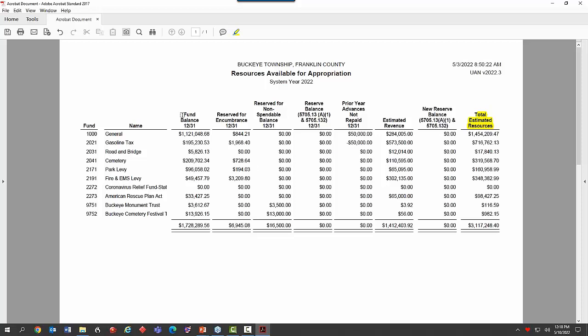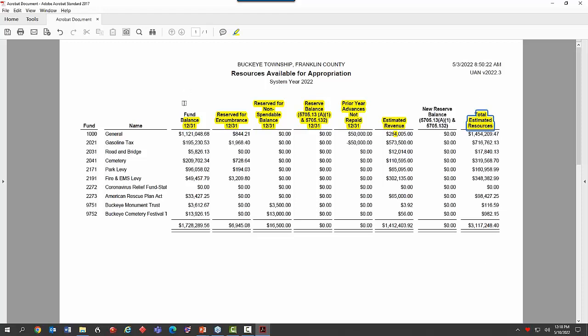So each of these give you the unencumbered fund balance, plus, minus, and so on. And then this is your revenue budget. This column makes up taxes and other sources. Or if you've got 3 columns, taxes, local government, and other sources. This is one number representing those inside columns on your amended certificate. But that far right column in UAN should match.